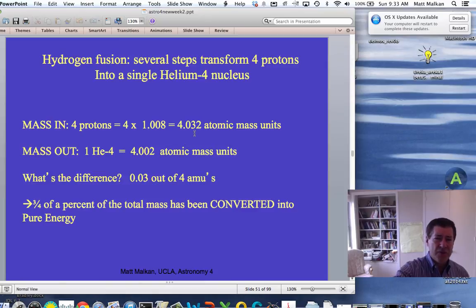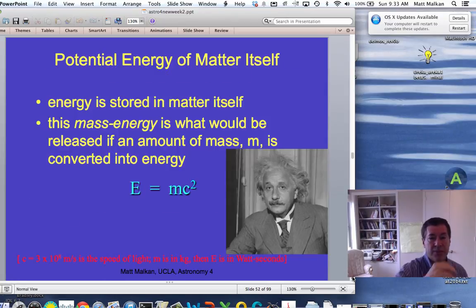Only 0.03 out of 4.03 masses, in other words, less than 1%. Only 3/4 of 1% of the mass got converted into energy. But even that corresponds to an outrageous amount of energy.